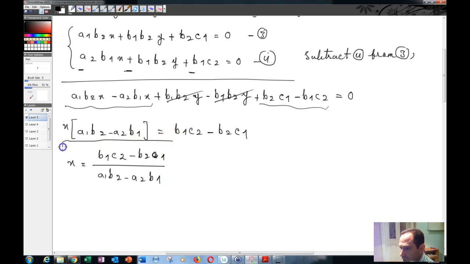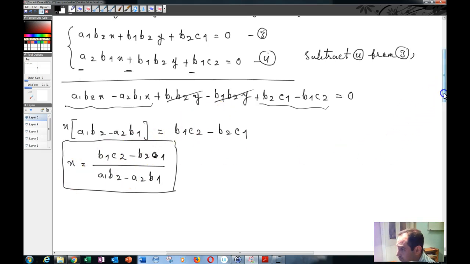Okay, so that would be your x. And that's basically how you solve for your x.